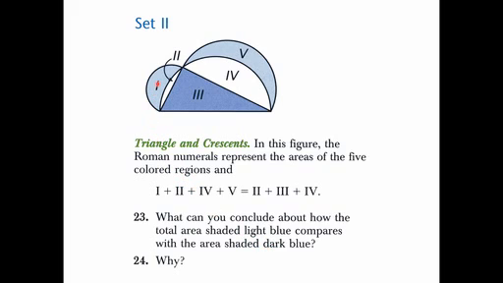Well, it's Roman 1, Roman V, and 3. Do you see those in the equation? I see Roman 1, I see Roman 2. Oops, I don't need 2. 1 and V, and then I see Roman 3.